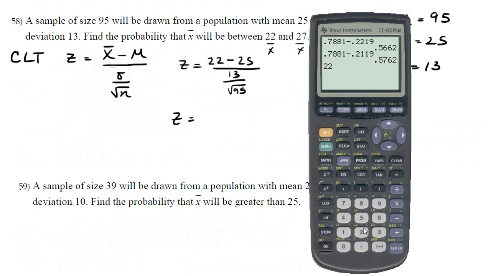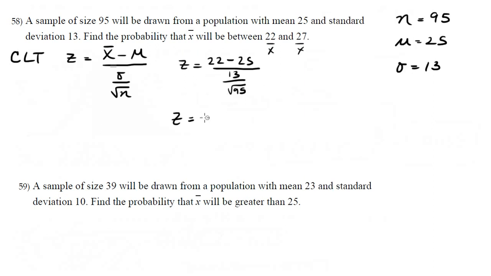So let's just type it in. 22 minus 25 divided by, put the denominator in parentheses, 13 divided by square root of 95. So that z value is negative 2.25. And I'm going to do the same for the x bar value of 27.